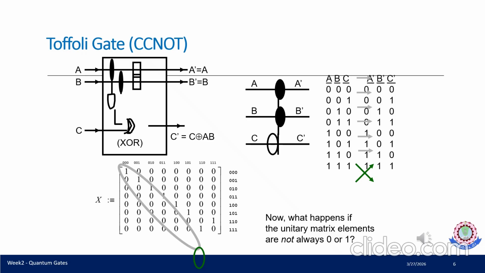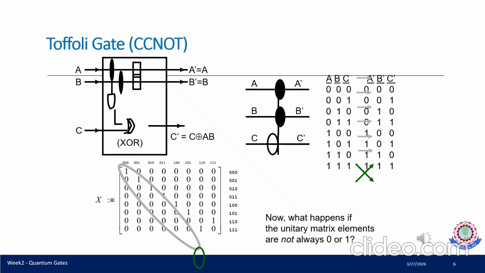This is the Toffoli gate explanation. Whenever we talk about the Toffoli, we have to keep in mind that we are dealing with three inputs, A, B, C, where the information of A and B is unchanged.